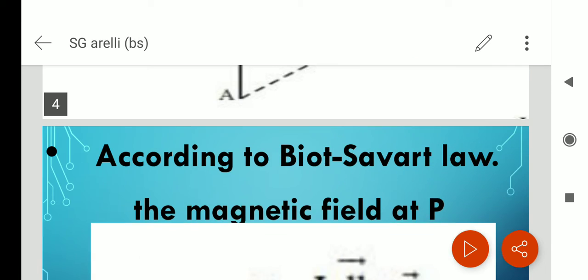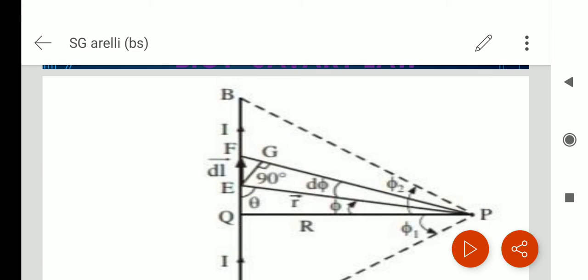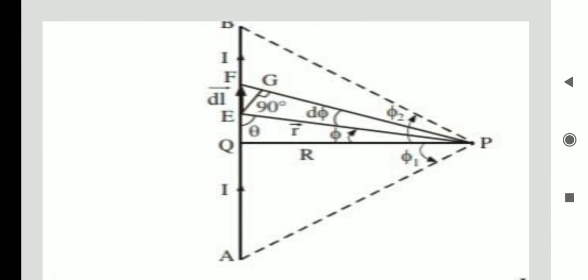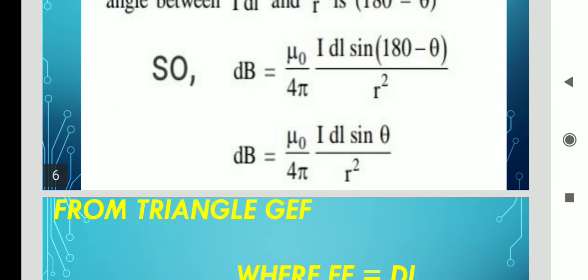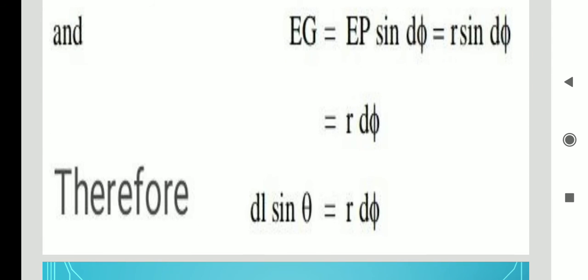There is a phi existing, so this can be considered as EG equal to EP sin d phi, where EP is nothing but R. So R sin d phi can be simplified as R d phi.